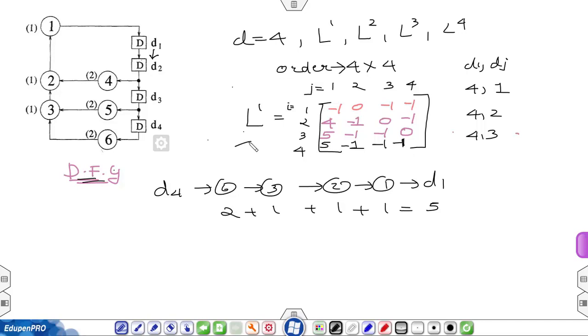So this is how L1 is created directly from the DFG. Now you have to create matrices L2, L3, and L4, in this particular order. First you will create L2, then L3, then finally L4.